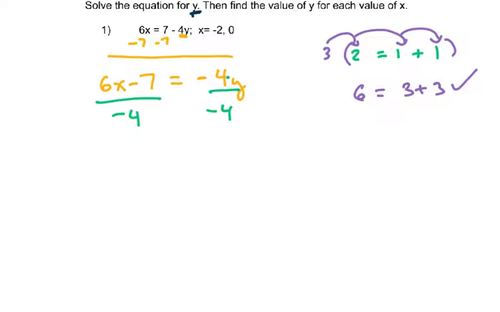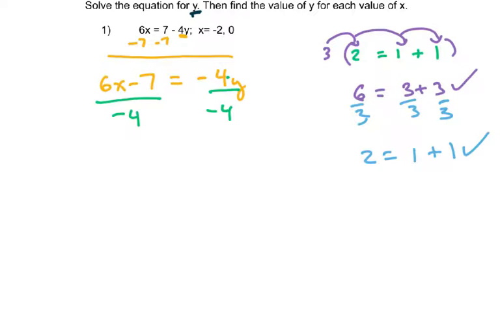And then if I turned around and said, let me divide everything by 3, then that would be 2 equals 1 plus 1, and that would still be true. So as long as everything is being scaled by the same amount, it's okay. I can divide through, but I have to divide every term through by negative 4.